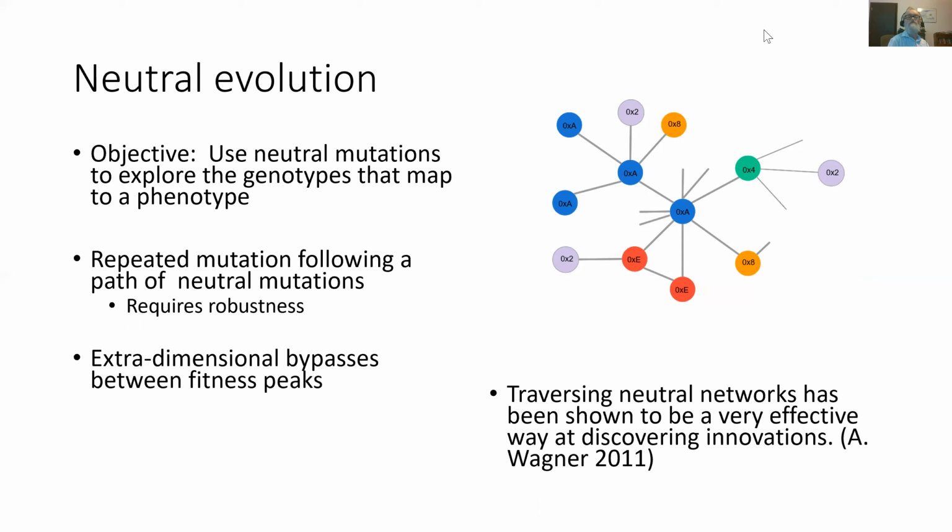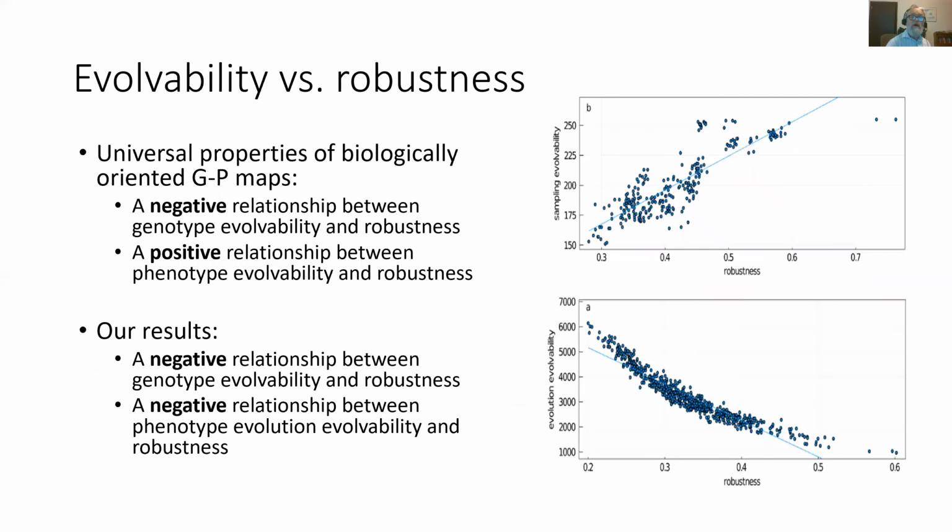If that mutation gives the same phenotype, then that becomes the current genotype, and that's how we make evolutionary progress. And in most cases, one can explore widely the genotype network, and it's one method of computing phenotype evolvability.